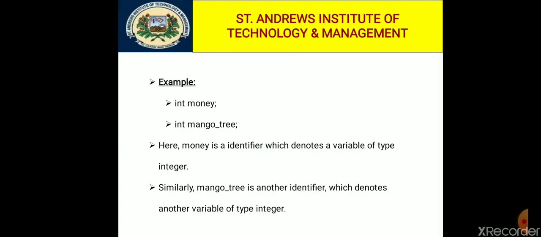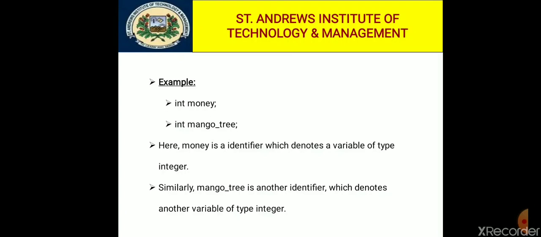If the identifier is not used in an external link process, then it is called internal, as for example global variables. We already discussed about global and local variables. If the identifier is used in an external link process, then it is called external.